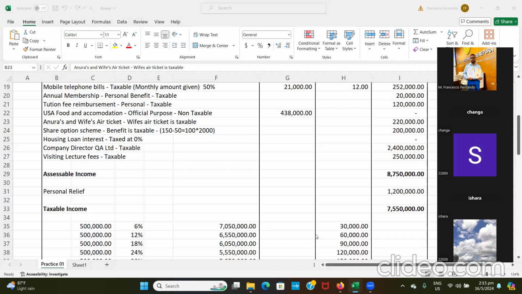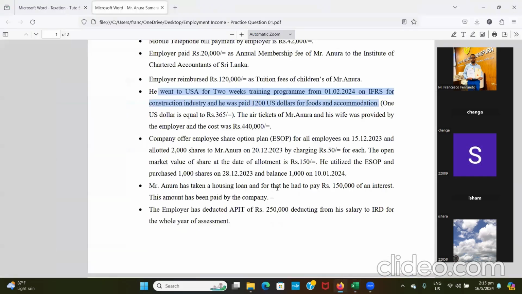Right. So then moving forward, I'll increase the speed since there is the company sum also to be discussed. The company offered an employee share option plan for all employees on 15/12/2023 and 2000 shares have been allotted to Mr. Anura on 20/12/2023.